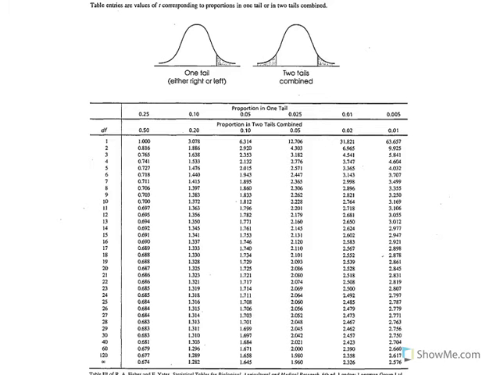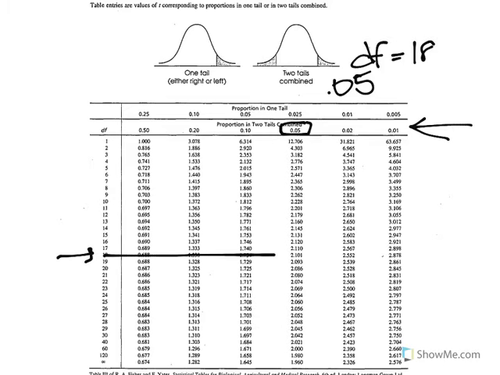So again, the values necessary to find t are our degrees of freedom, which is equal to 18, and given the 95% confidence interval, we're going to find 5% in the tails, and we're using the two-tailed process because there are two tails that we are accounting for. So here's the 5%, and then degrees of freedom, 18 here. We're just going to see where those intersect with one another, and we find that t is equal to 2.101.